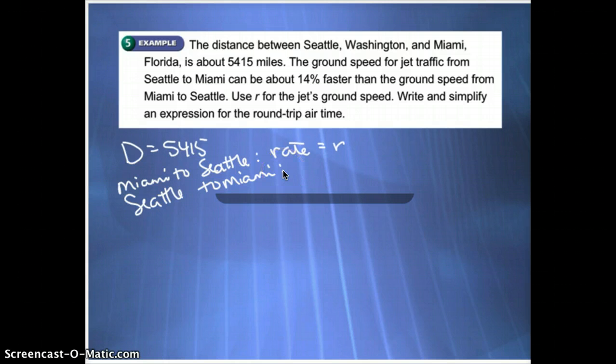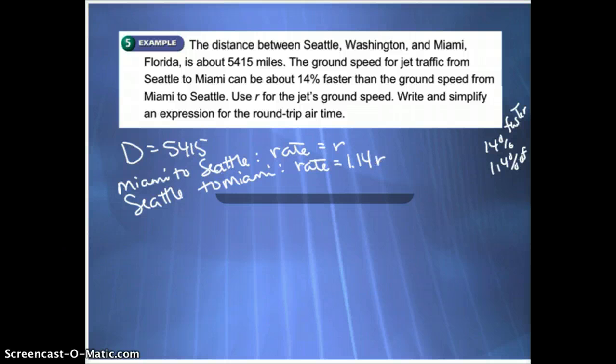is 14% faster. So 14% faster would be 114% of R. If I'm going 14% faster, I'm going the whole 100% plus 14% more. So I'm going to call their rate 1.14 R. And I want to write an expression for the total round trip air time.